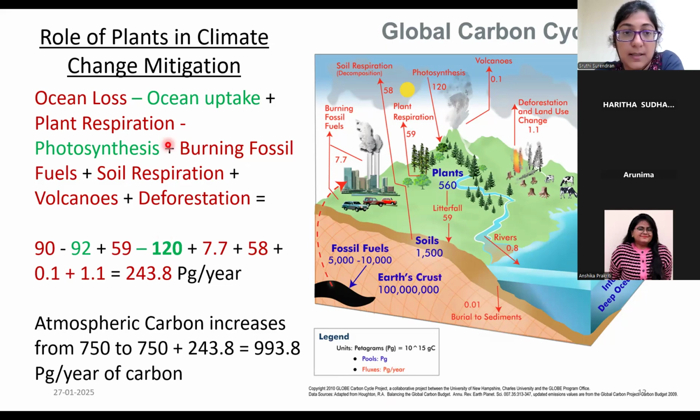We see ocean and photosynthesis are the two processes contributing to carbon sinks, or reducing carbon in the atmosphere. This again points out the importance of photosynthesis in taking carbon dioxide from the atmosphere back into the soil.